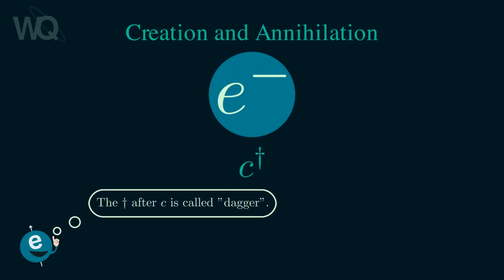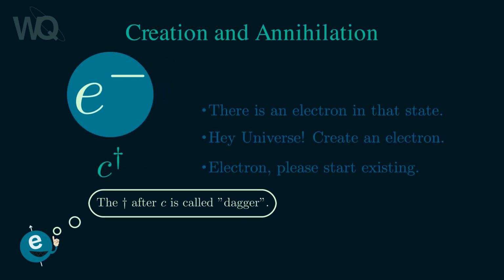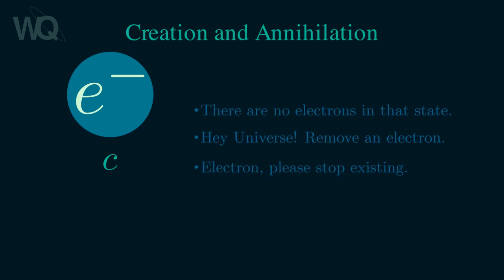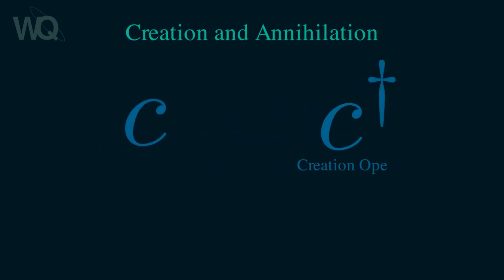Okay, but seriously, when we want to express any idea roughly along these lines, we use the notation C dagger. And similarly, we use C to mean the opposite. It destroys a particle that exists. Now, for this reason, C dagger is called the creation operator and C is the annihilation operator.